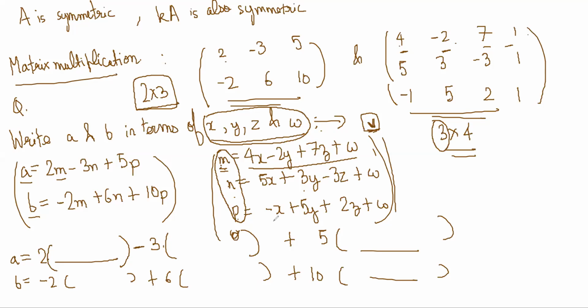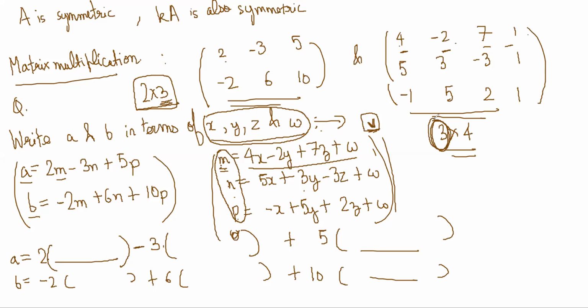Okay, then maybe the understanding of A and B is not very clear here. One second. What I want to show is that it is important that the orders match: the number of columns of this is the same as the number of rows of this. That is what I want to show.